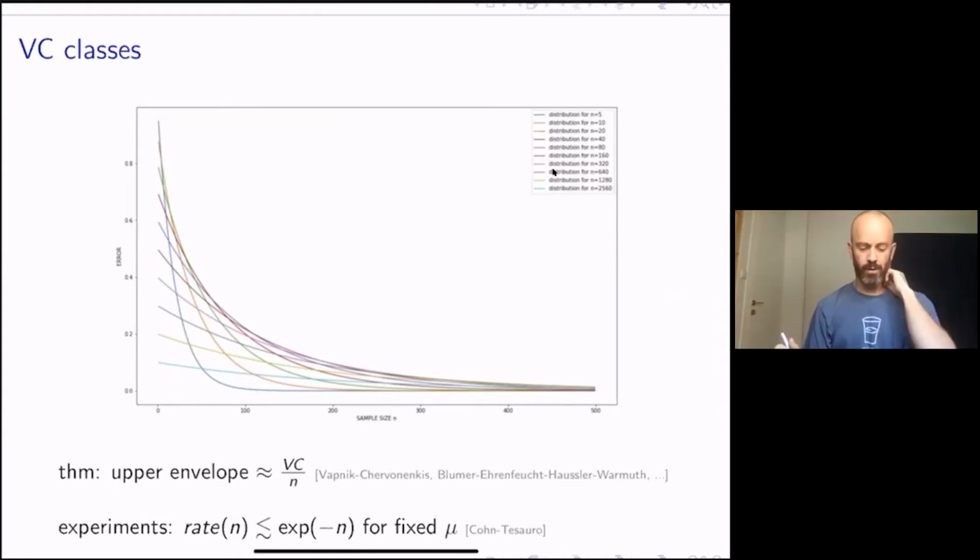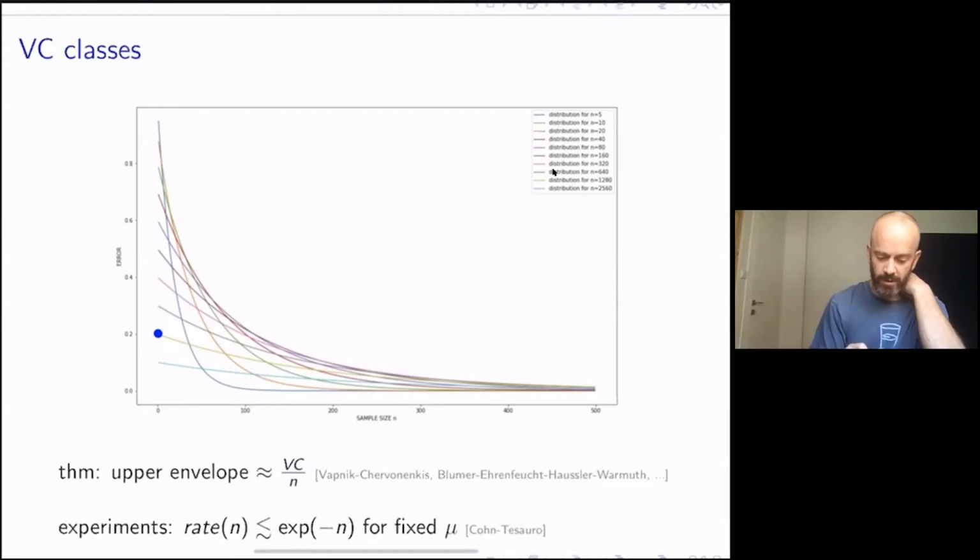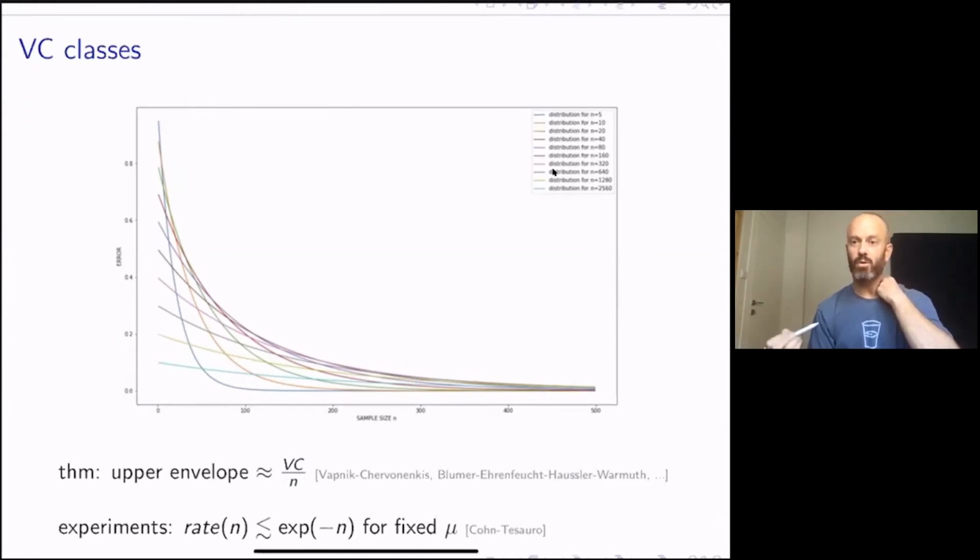And the VC dimension theorem tells us that the upper envelope of this graph is something like 1 over n. This is what the theorem tells us, both an upper bound and a lower bound in terms of the VC dimension. But if you care about a specific distribution, this can still go to 0 exponentially fast.